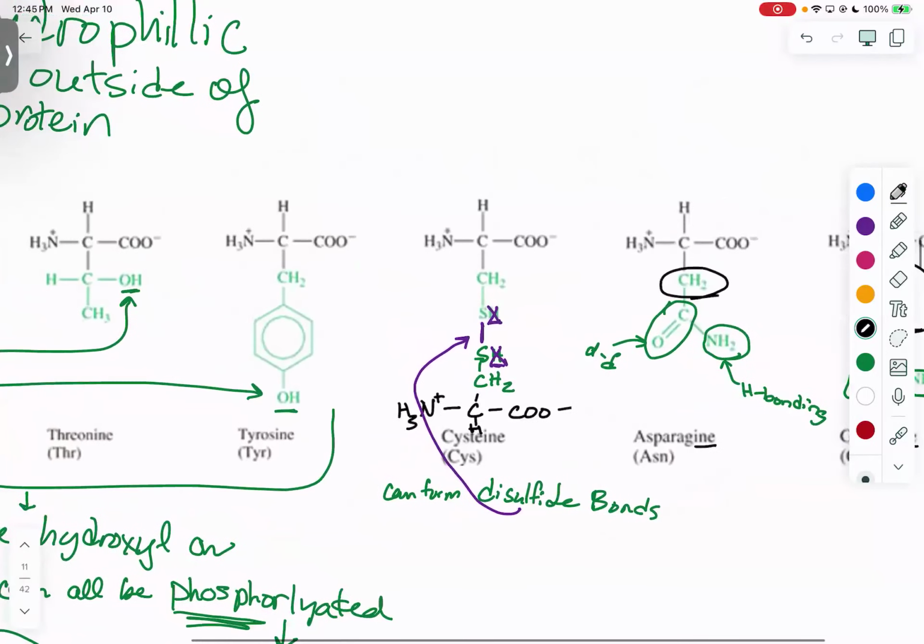Because they're amines. So the amines are referring to these amines and not those amines. Because we have asparagine, tyrosine, threonine. Correct. So just want you to be careful about that.